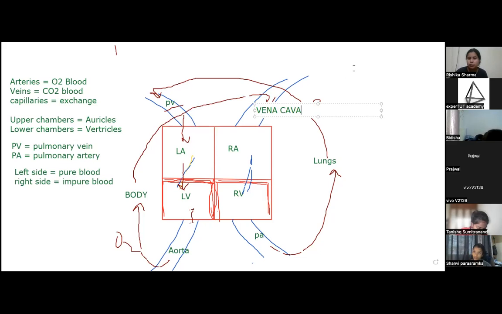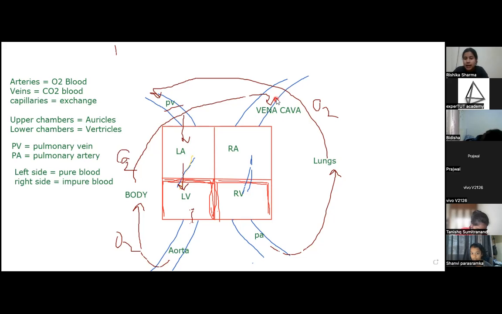That will be even helpful. From the body, which kind of blood has come? From the body, your carbon dioxide containing blood has come, and it has come into your vena cava. ये वाली जो blue वाली मैंने vessel बनाई है, this vessel is vena cava.